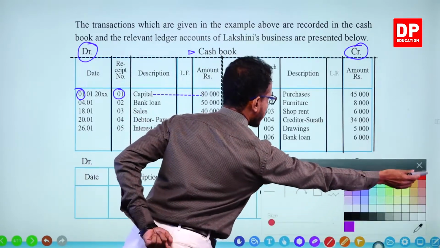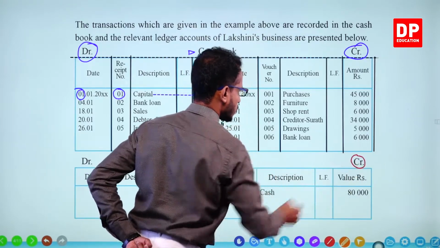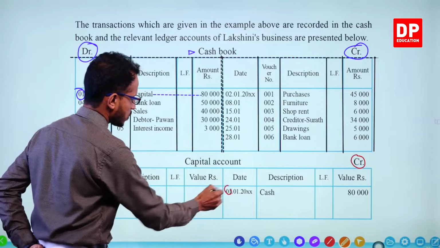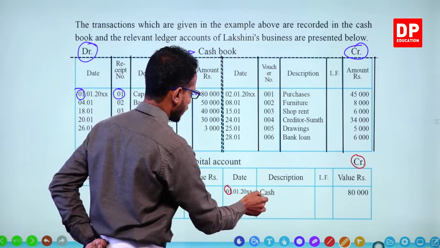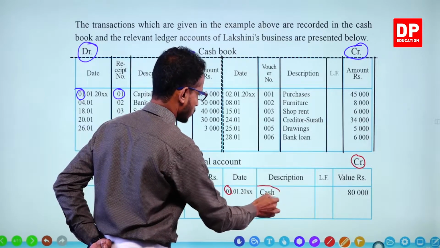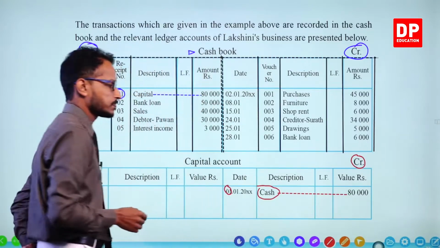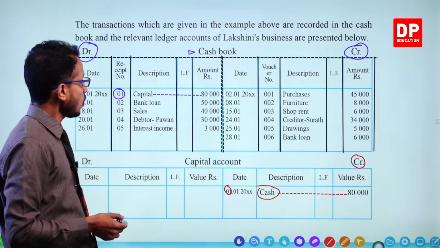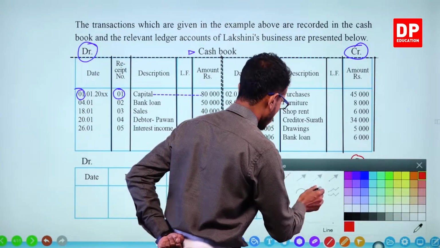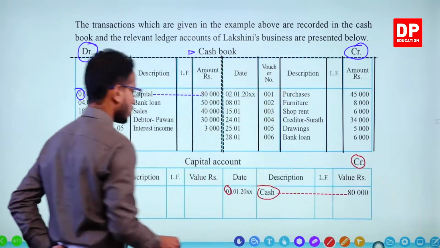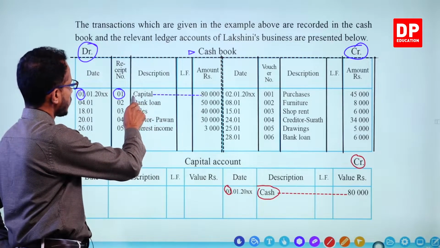And in the capital account, it is credited: 1st January, description cash, 80,000. Did you notice the double entry? See, children, this is the double entry.